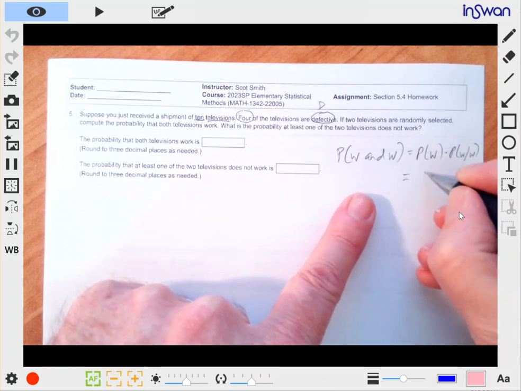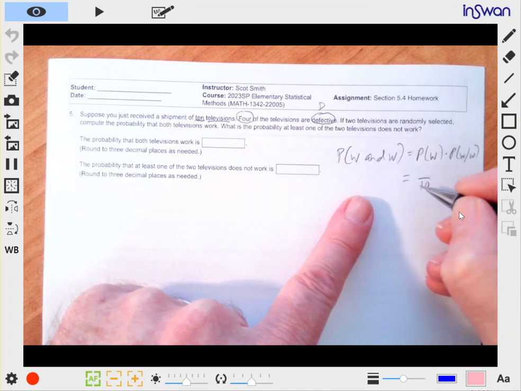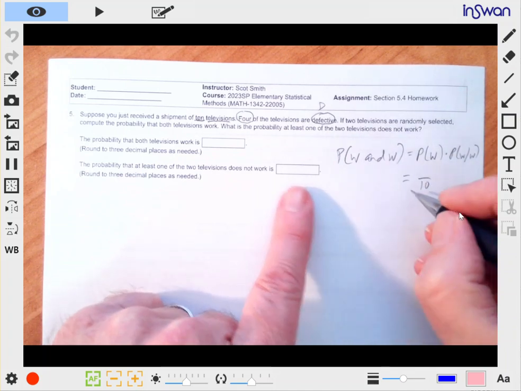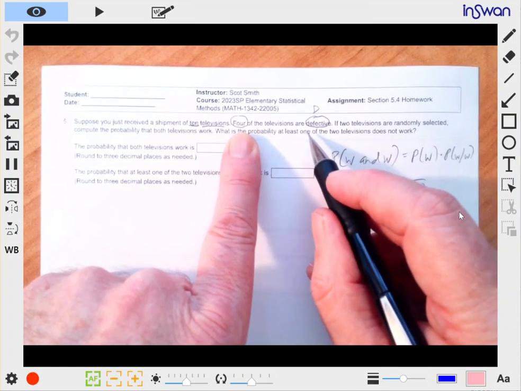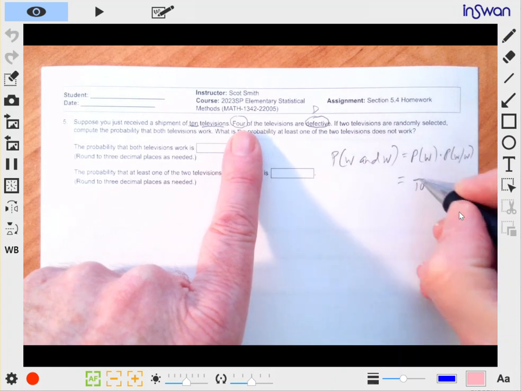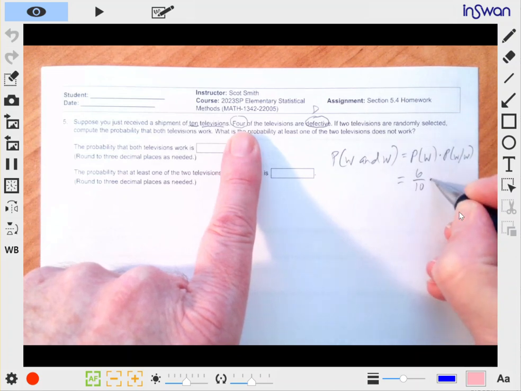So the probability that the first TV worked, well, there's 10 total TVs to choose from, and the number that work, well, if there's 4 that work, or I'm sorry, 4 that are defective, that would be 6 that actually work. So 6 out of the 10 work. So that's the probability that the first TV works.